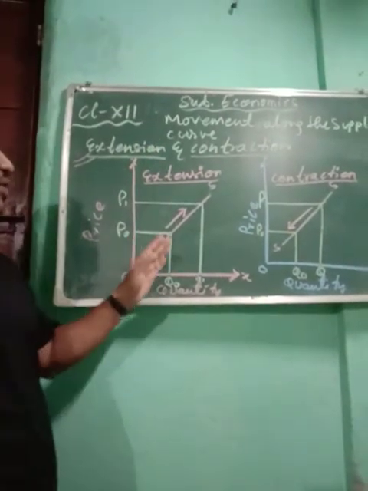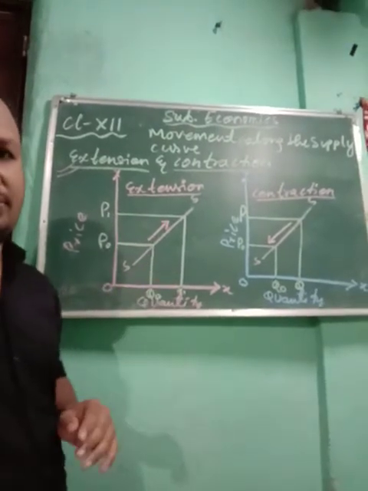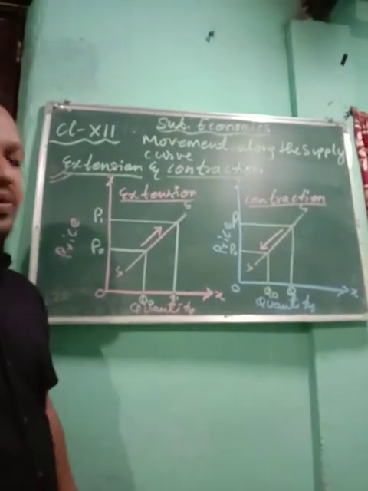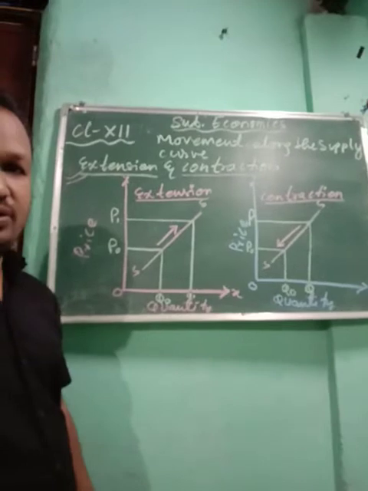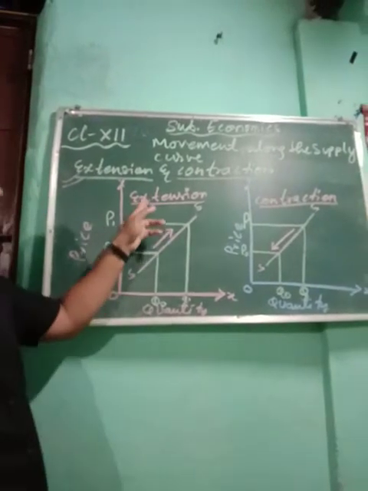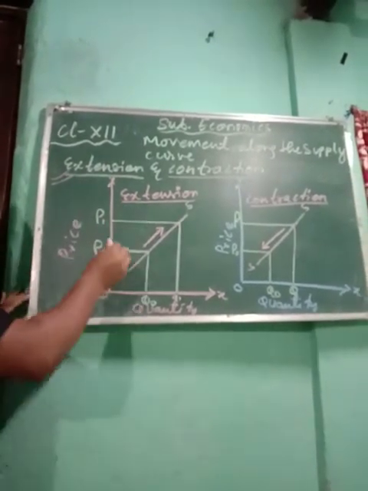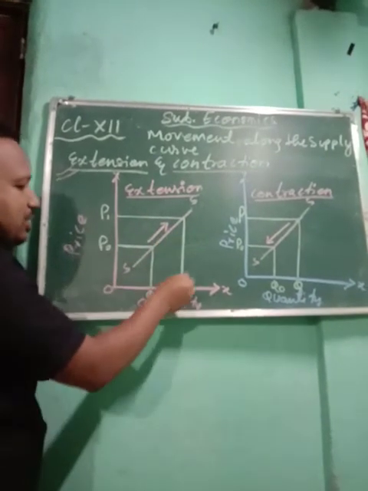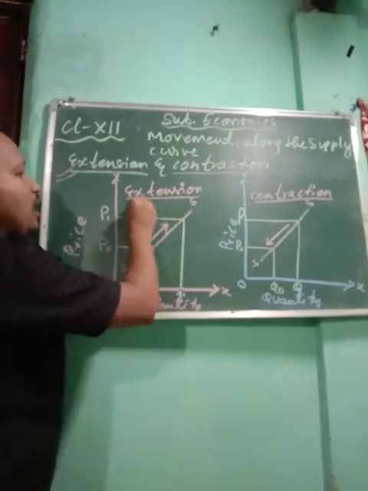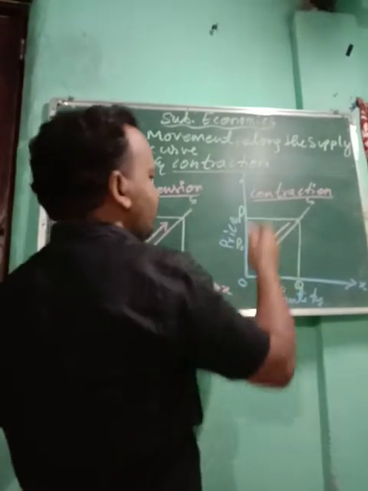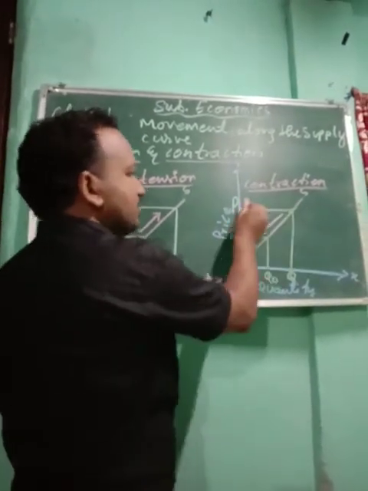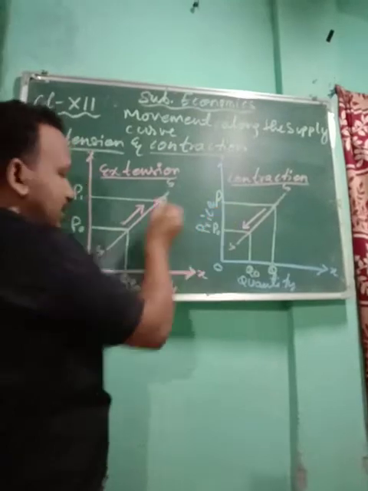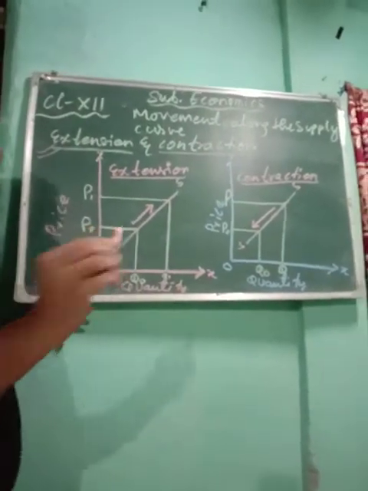After watching the videos, you all must do these diagrams in your copy as homework. Okay, it is required. So this is about your extension. You see when price was less, supply was less. When price increases, your supply increases, so it is called extension. This is just the opposite. In contraction you start with a high price, and in extension you start with a lower price.